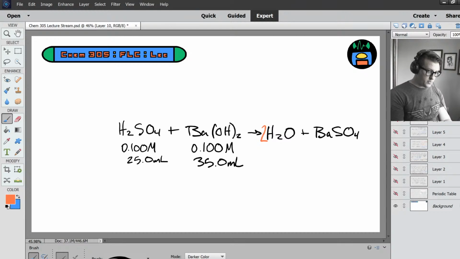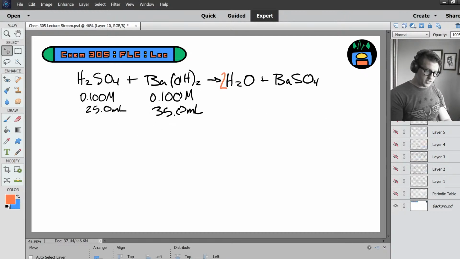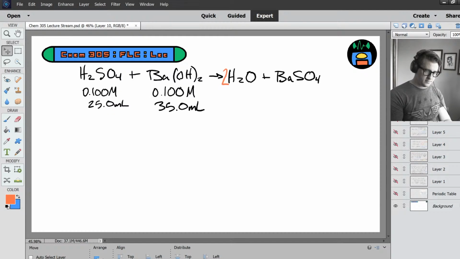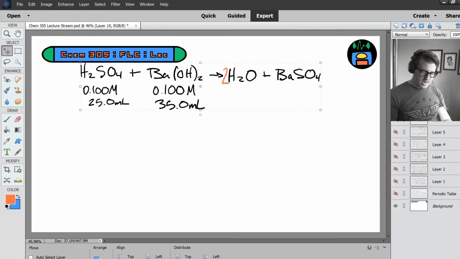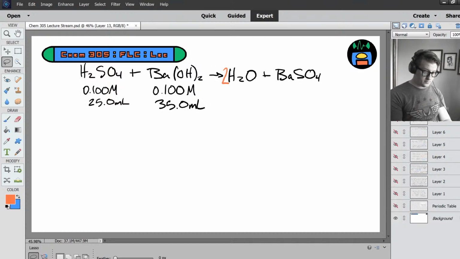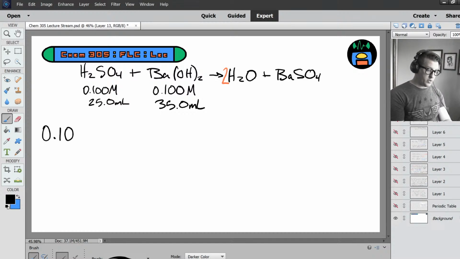All right, so I'm going to move my balanced chemical equation up just a little bit. All right, and now we can go to town. So if we start with sulfuric acid, we have 0.100.